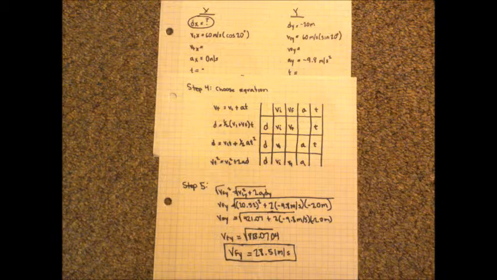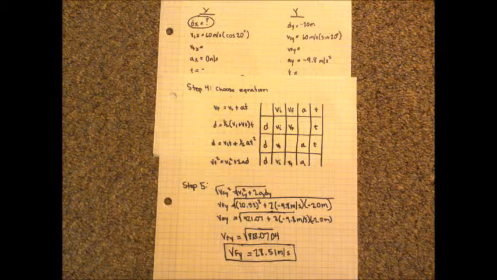I plugged all that into the calculator and got 28.51 meters per second. But it's negative because VFY is vertical, and since it's going down, it has to be negative. That was one mistake I made right there. So VFY is negative 28.51 meters per second.